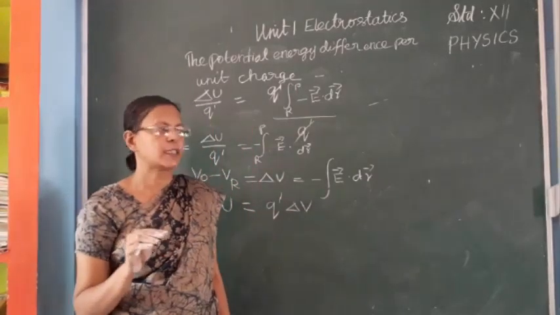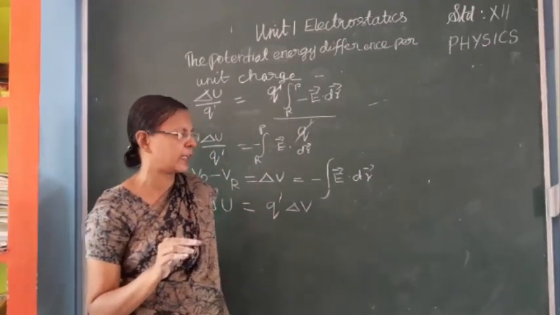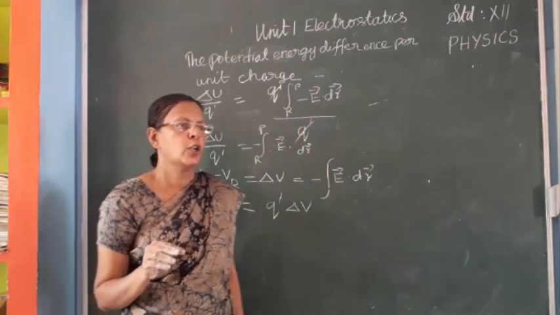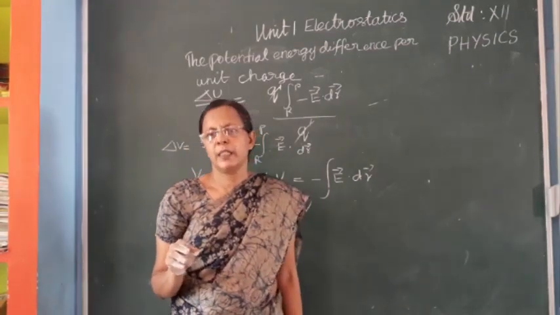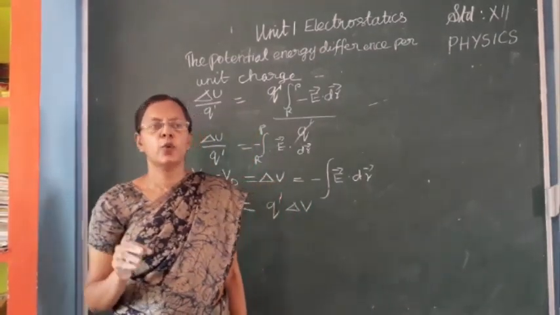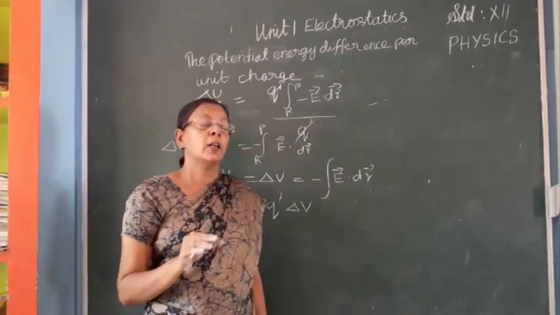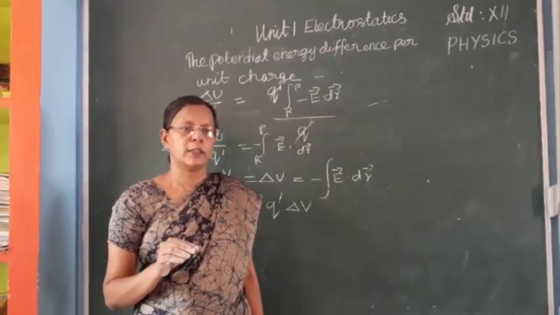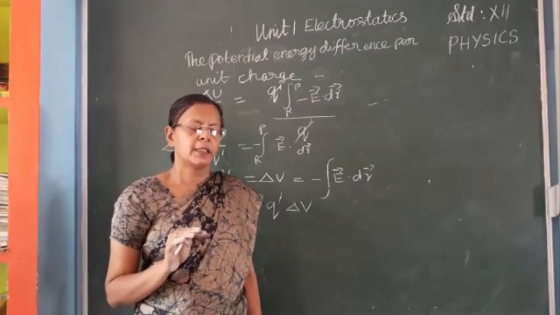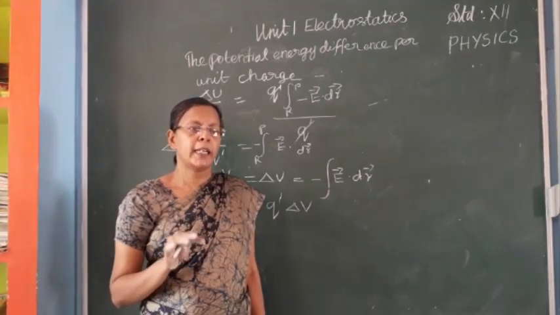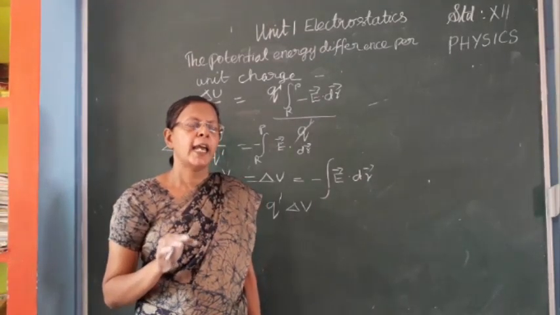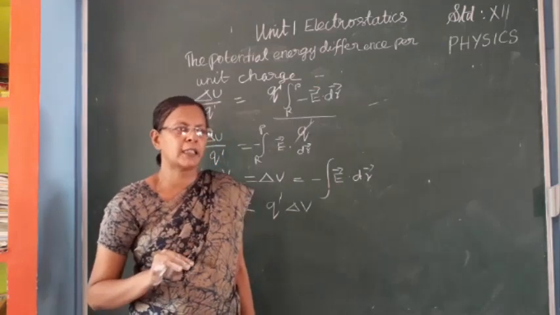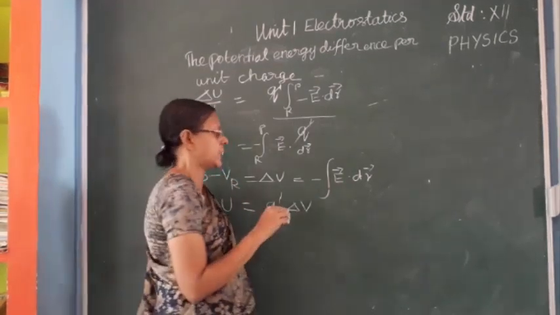The unit of electric potential is joule per coulomb, and the practical unit is the volt, named after Alessandro Volta, the inventor of the battery.